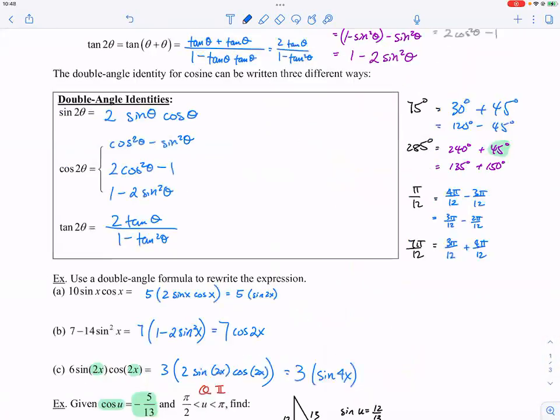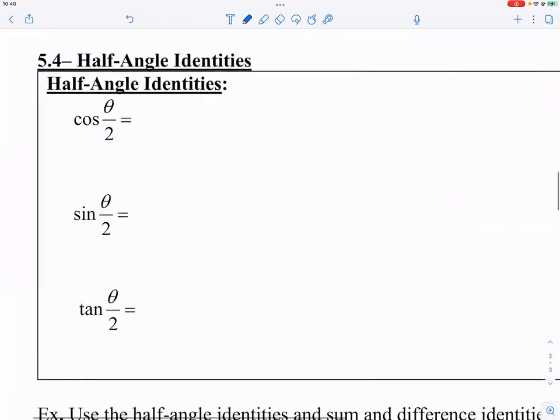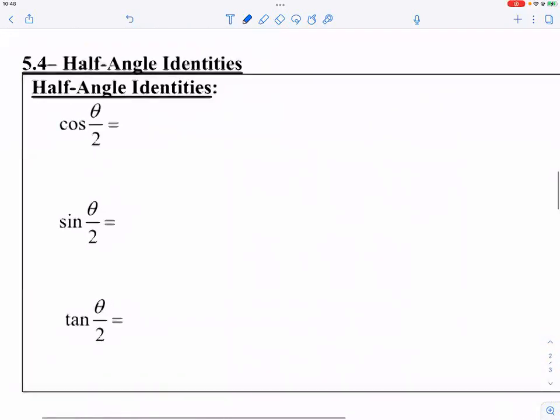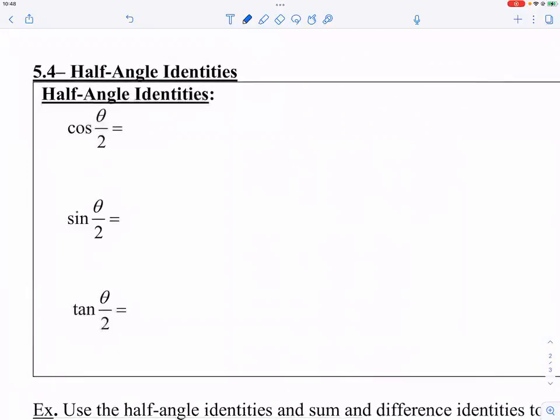All right, next up, next page. So the half angle identity. Speaking of the half angle identity, this one will always be given, so you do not need to memorize them.